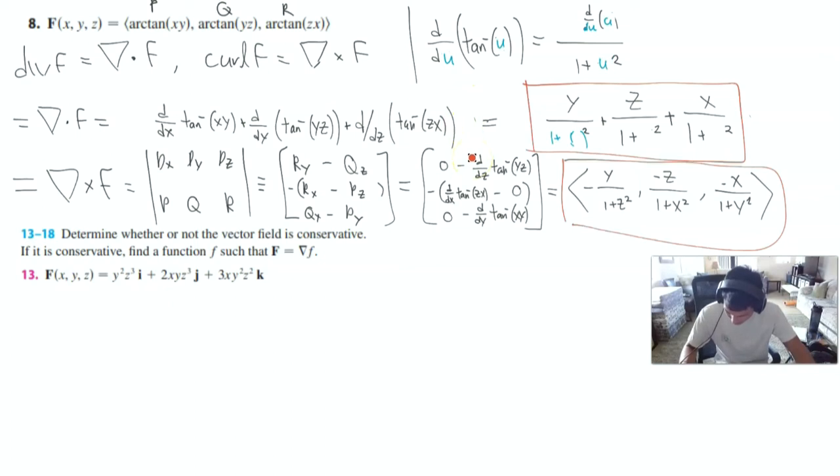Again, I'm terribly sorry about this. It's going to be 1 plus xy squared, then 1 plus yz squared, and 1 plus zx squared. Like I said, remember, these derivative rules are actually pretty important, and it shows you that it's very easy to mess up on them.